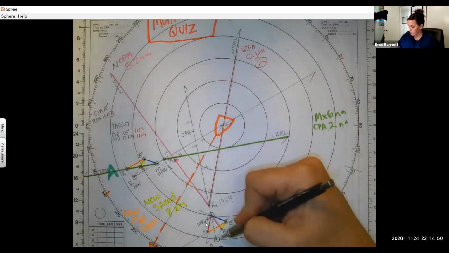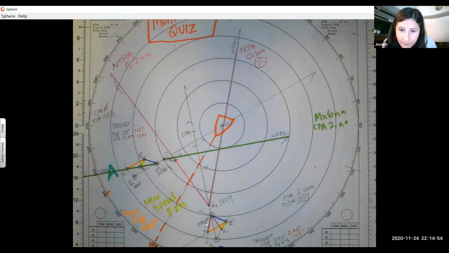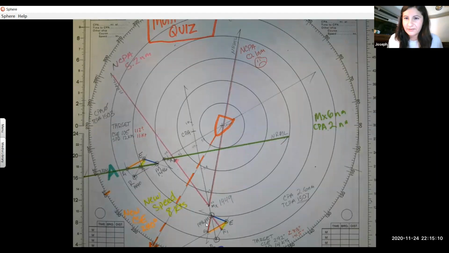Are we looking at the original CPA, or are you looking at a new CPA? It said, what will be the new CPA of the least dangerous contact?